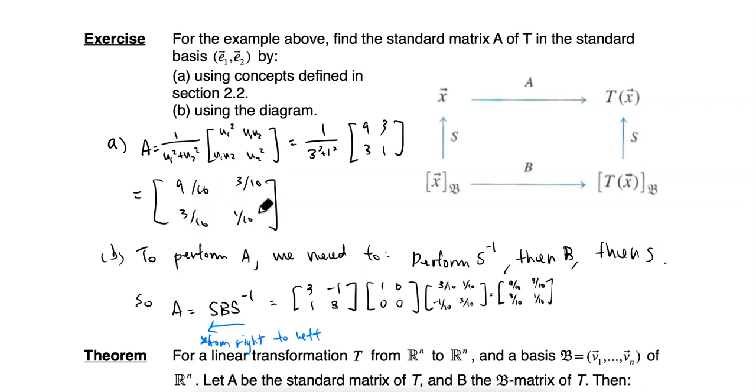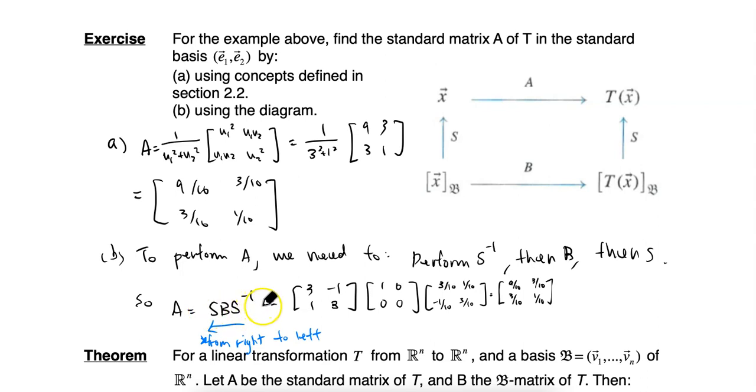But now we can also say that A is the same as going here, here, here. So the first step is changing from X to XB, which requires us to perform S inverse. And then we're going to perform B, and then we're going to perform S. So be careful, because when we write matrices, we proceed from right to left.